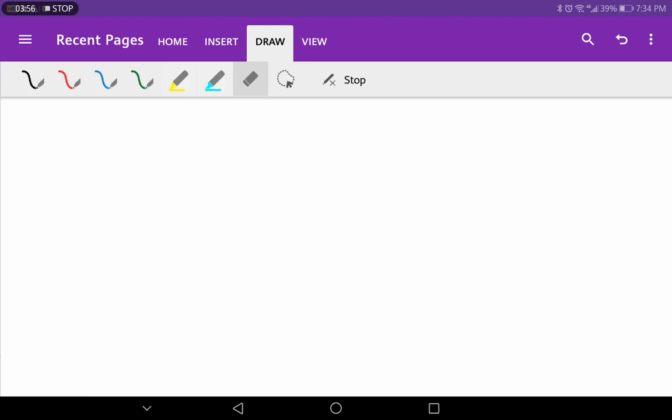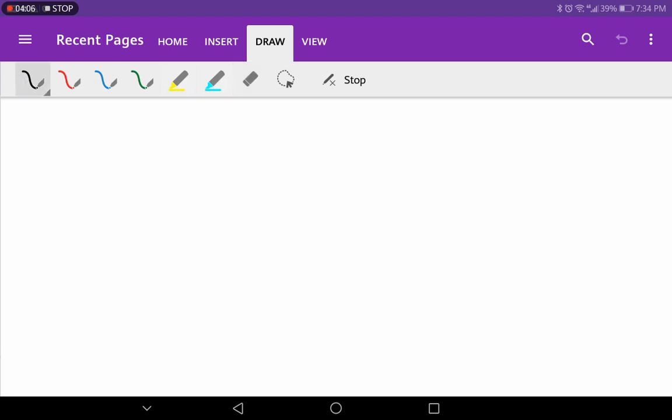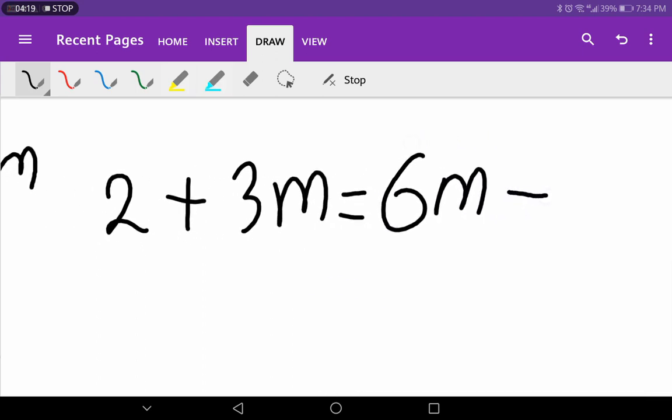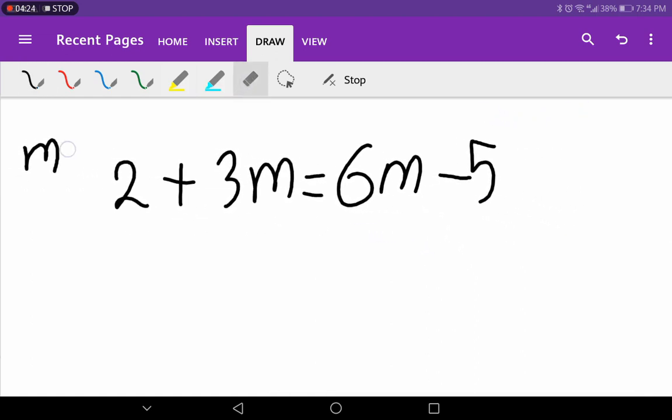Okay, let us take another example. If we make it a little bit harder, for example, if I have 2 plus 3m equals 6m negative 5 plus 4m.